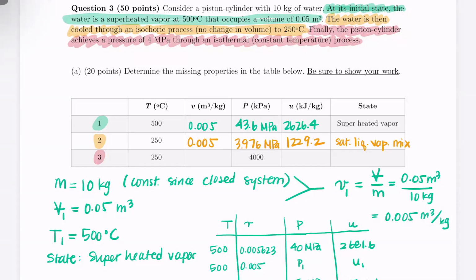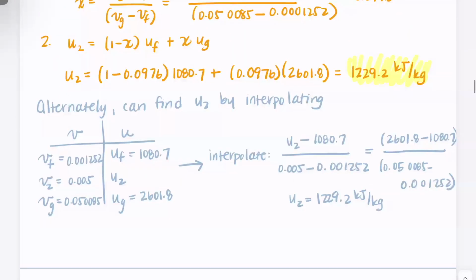What we want to do is first figure out the state. We have a pressure and a temperature, so what we should do is figure out what the saturation pressure is at 250 C, or vice versa, figure out what the saturation temperature is at 4 MPa. Okay, you can do either way. So let's do that.